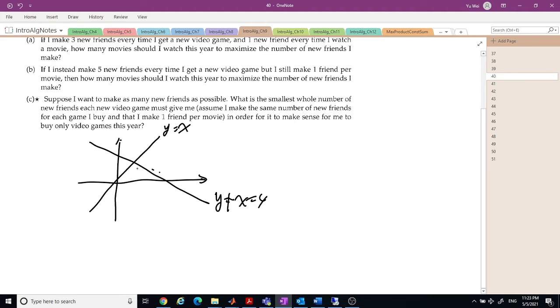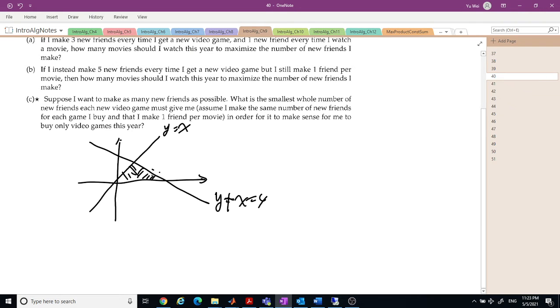Then we need some area less than this, and also less than this. Less than means y.